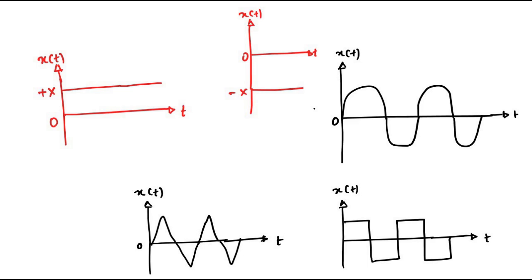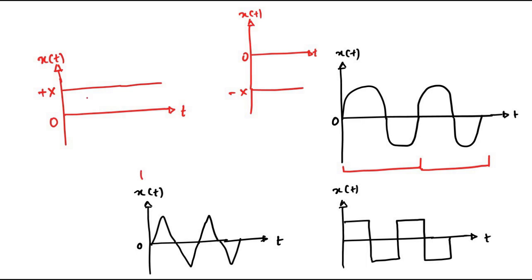Here again starting from 0, a peak value, then the downward slope, then again in the opposite direction, and then the pattern is repeated. So here you can see a certain pattern is being repeated over and over again in all of these waveforms.